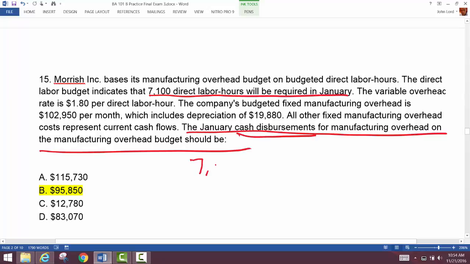So 7,100, direct labor hours times how much per? Variable is $1.80. 7,100 times $1.80 is 12,780. Okay, good. And then that's the variable, but what about the fixed?